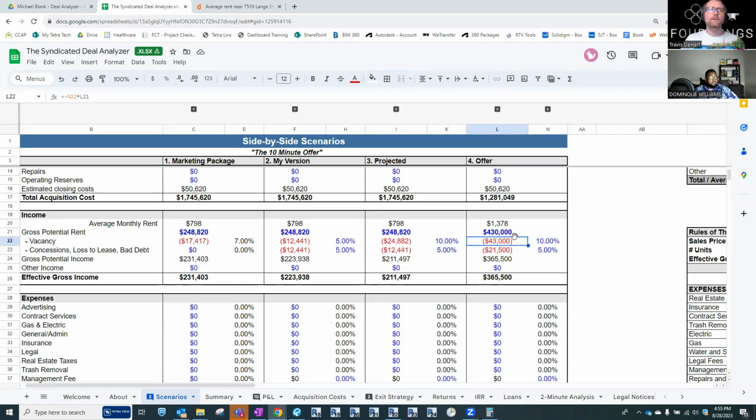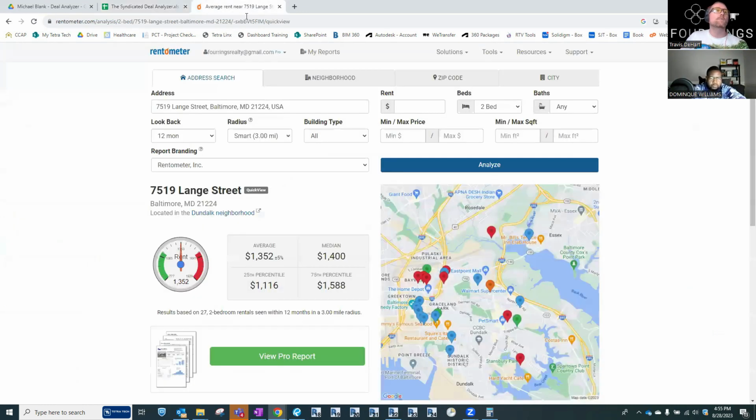Let's see. So you put 430,000 there. Yeah, and you can see that right here, the average monthly rent, 1378, aligns with what we're seeing as current rent for that area.